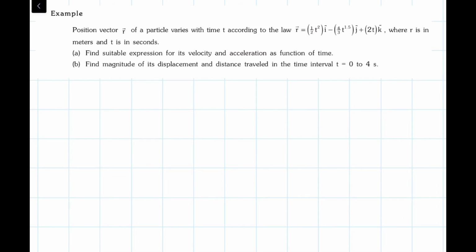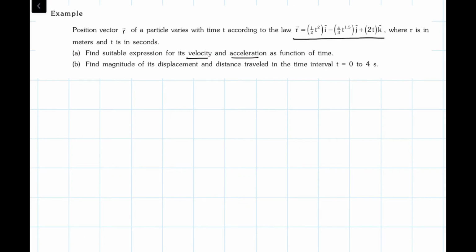But for NEET level, if you can solve this question, you have definitely got the concept of this calculus part. So what they are asking, they have given a function. That function is clearly given in the question, which is r equal to half t square i plus 4 by 3 t power 1.5 j plus 2t k. First we have to calculate a suitable expression for velocity and acceleration.